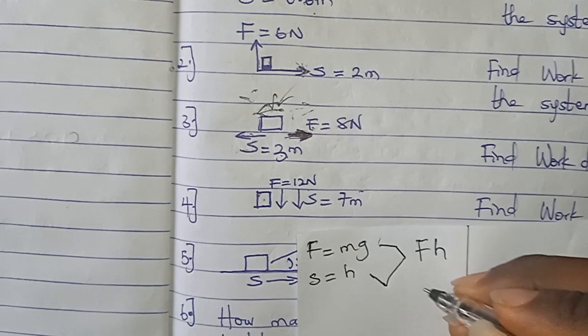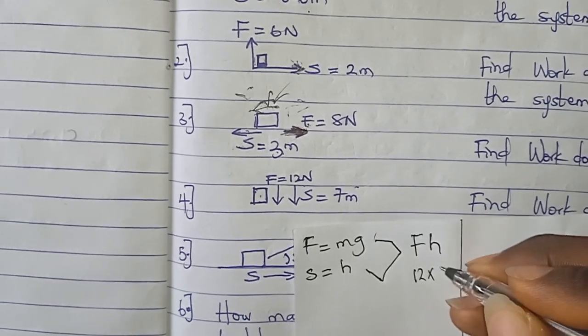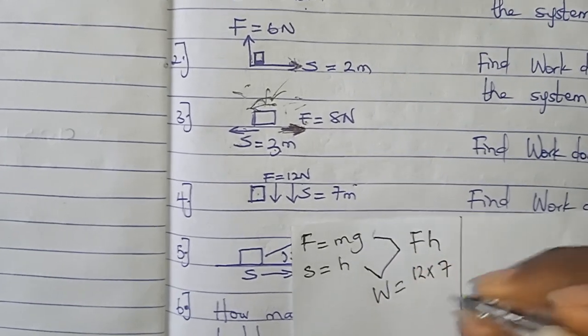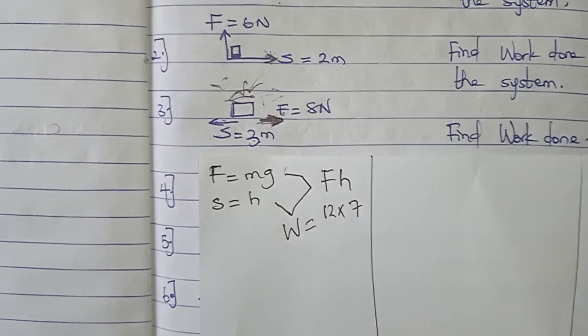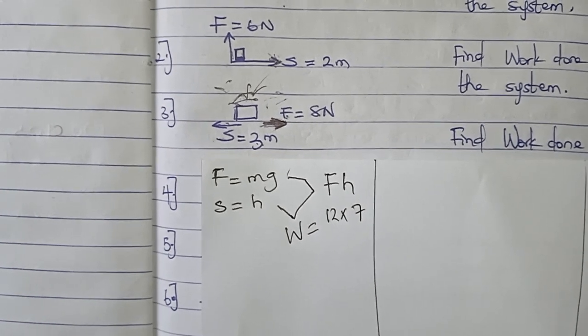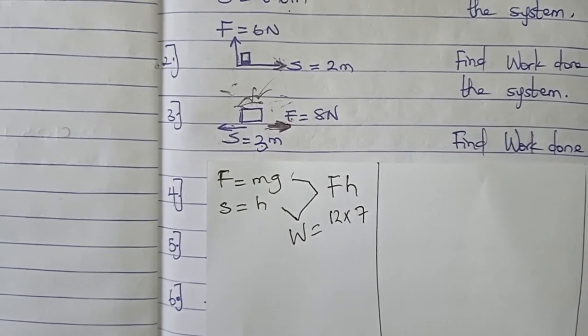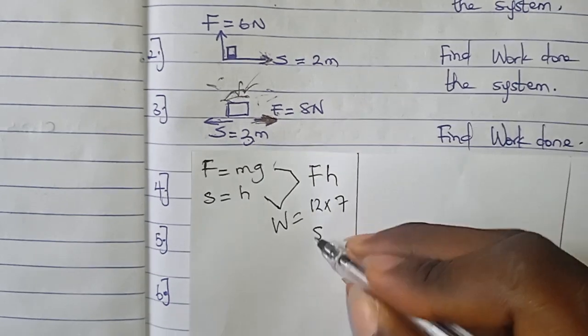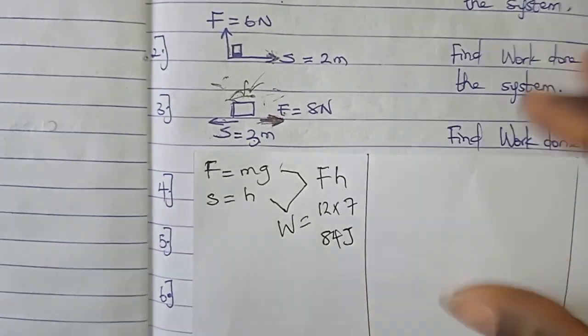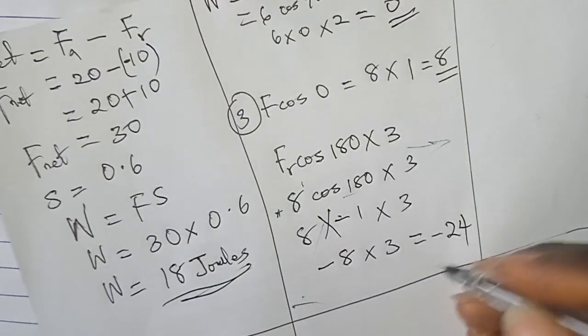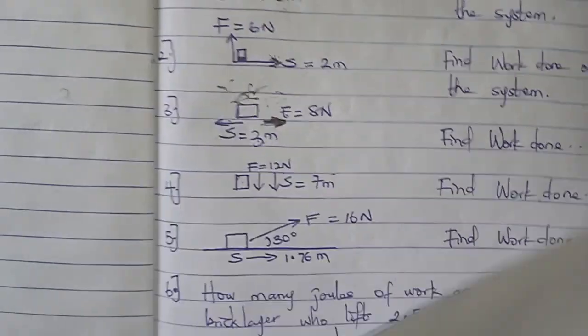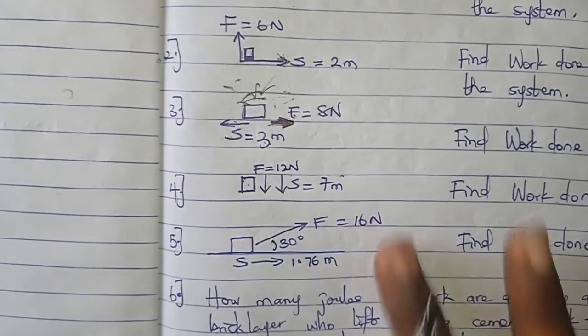So which is the same thing as saying 12 times 7. That's the work. And 12 times 7 is going to give you 84 joules. So remember that this one that we did here is still joules. So 84 joules.